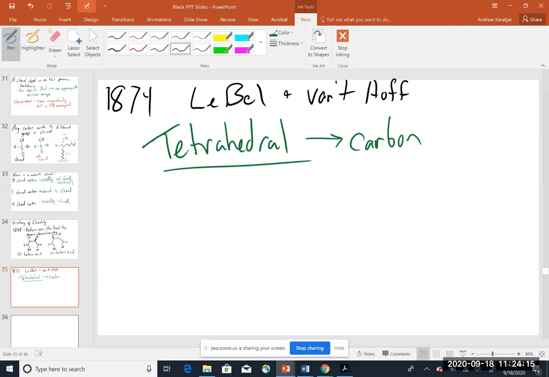Now, Pasteur used, and for a long time chemists used, these plus and minus signs to identify each of the two compounds, the two possible isomers. But there's a problem with doing it that way. And the problem is, when we do it that way, that relies on the way that it rotates the light in the polarimeter.